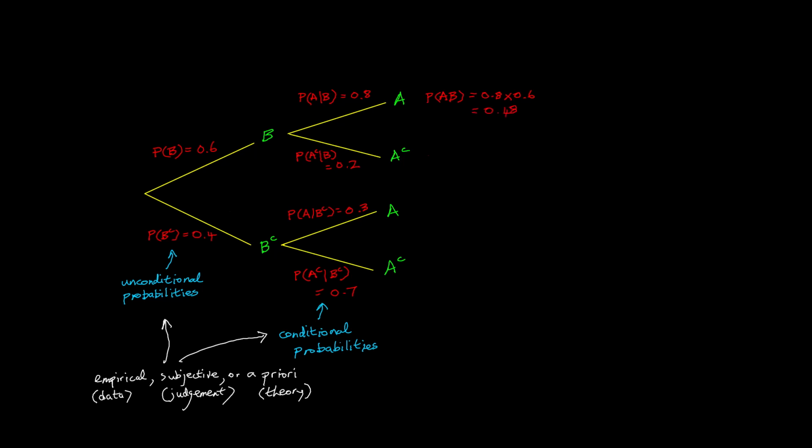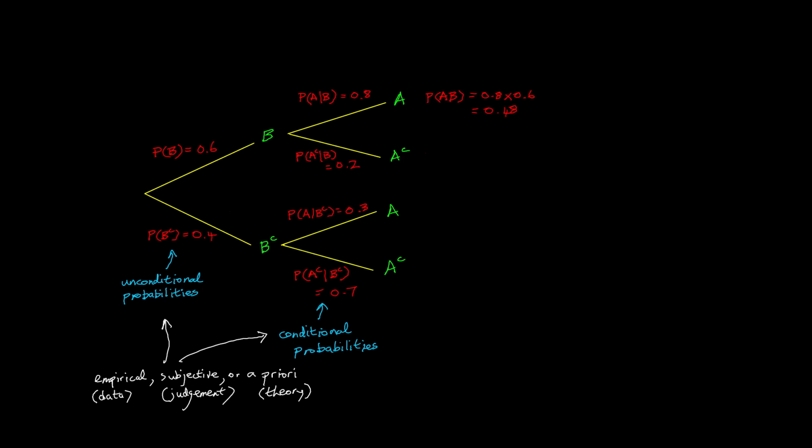And you can see that those probabilities are simply obtained by following back to the source the probability of A given B at 0.8 and the probability of B at 0.6.